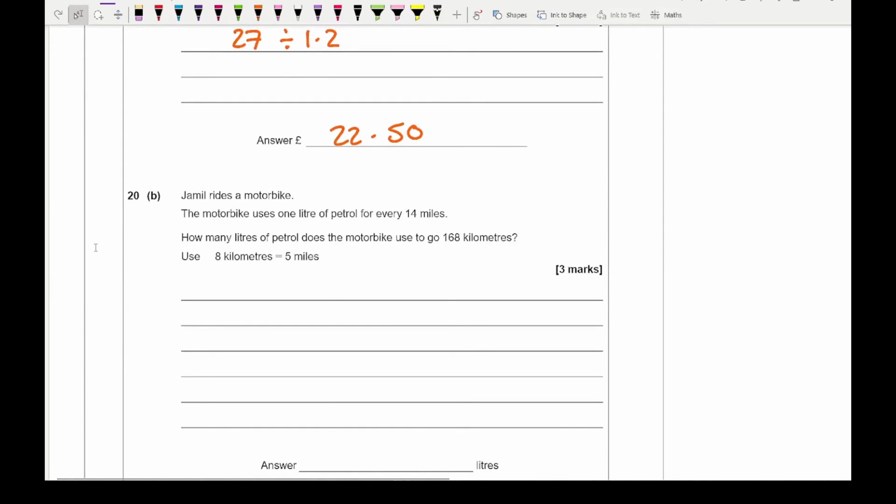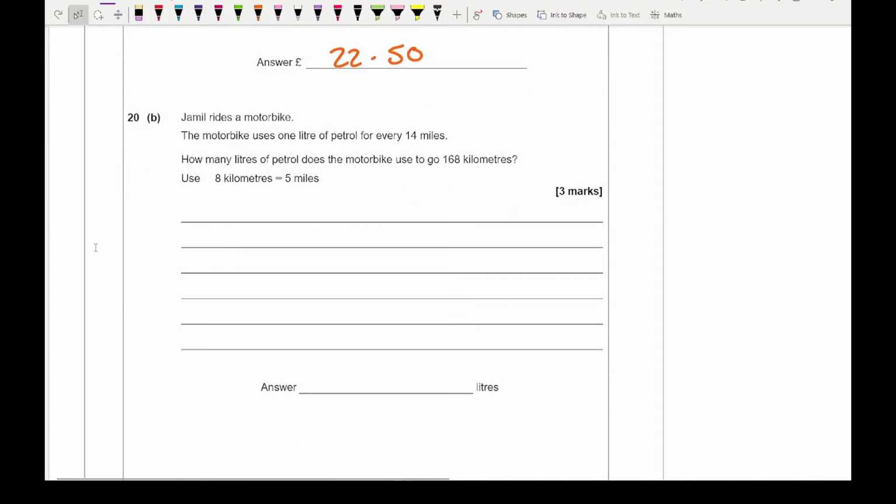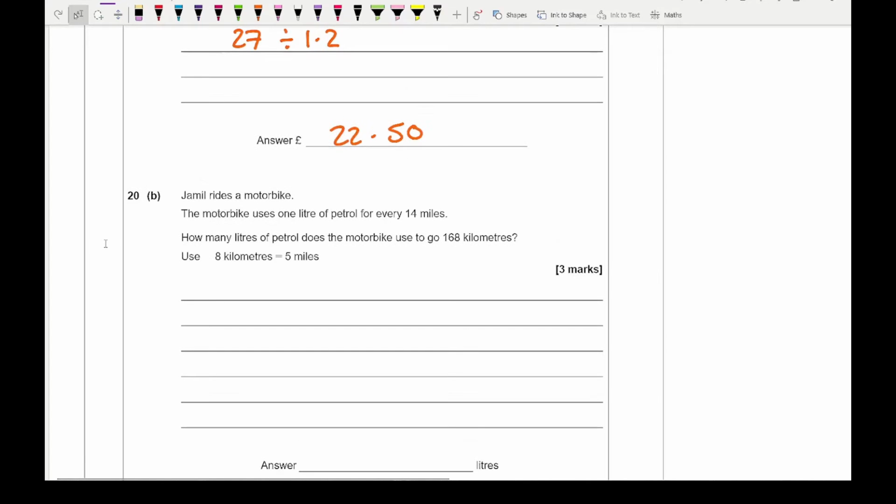The next question then says Jamil rides a motorbike. The motorbike uses 1 litre of petrol for every 14 miles. How many litres of petrol does the motorbike use to go 168 kilometres? Use 8 kilometres equals 5 miles. So from this, we need to convert 168 kilometres into miles.